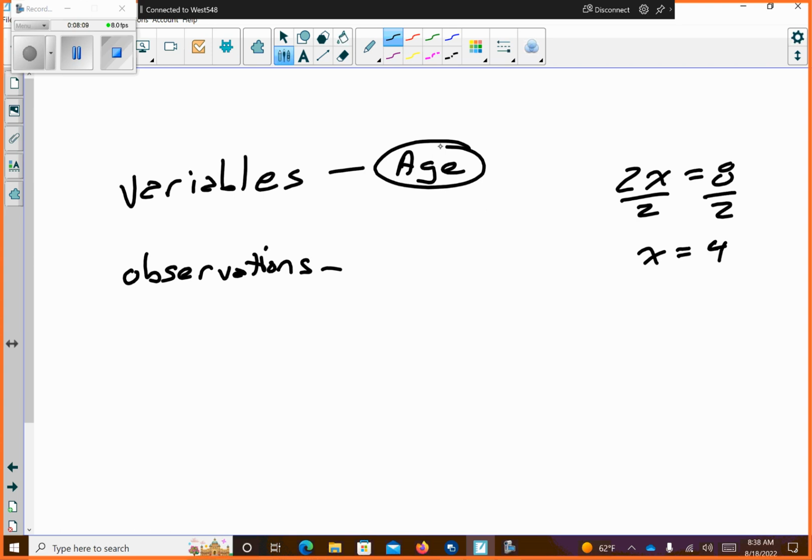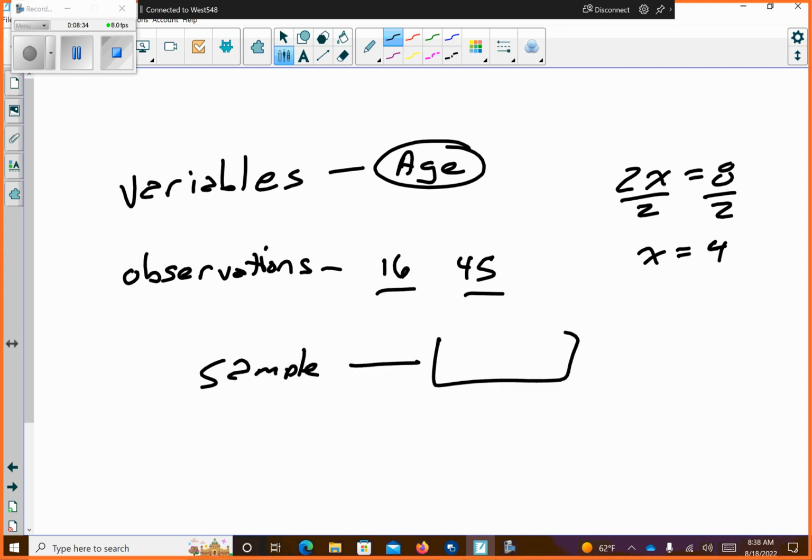Each of these individuals and their ages represents an observation. So the observation is the 16-year-old and the 45-year-old. You observe that. The sample would be everyone who goes to the conference.